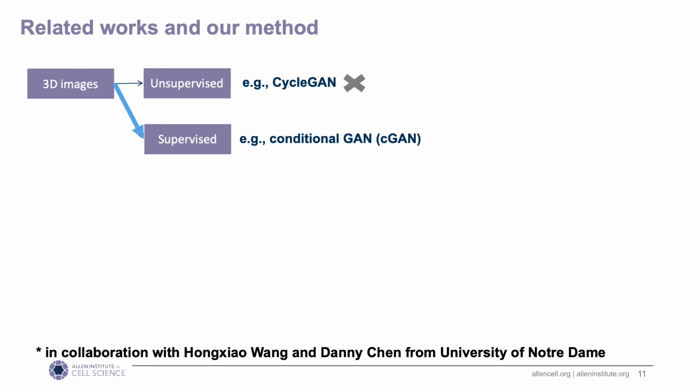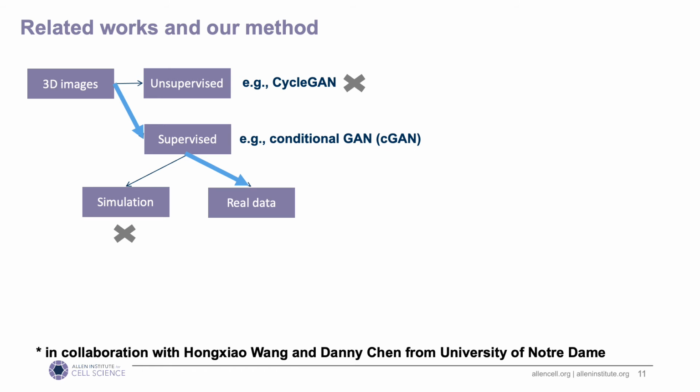Then, existing supervised models for 3D images are based on simulated or semi-simulated data, not completely real data. But we found that not all scenarios can be easily simulated in order to perform well when doing inference on real data. The success may depend on specific structure and specific modality, so we decided to directly use real data for supervised learning.